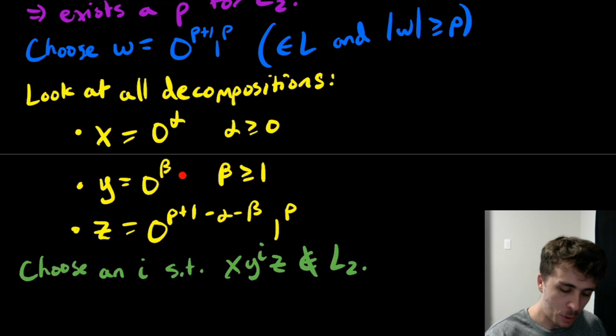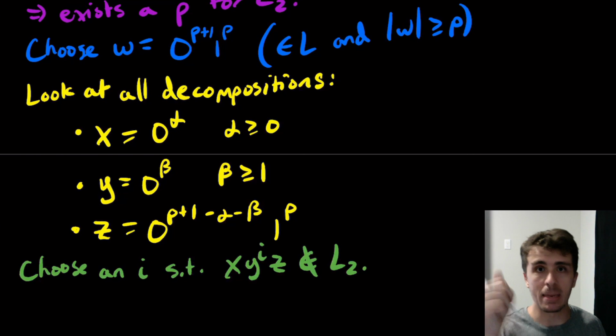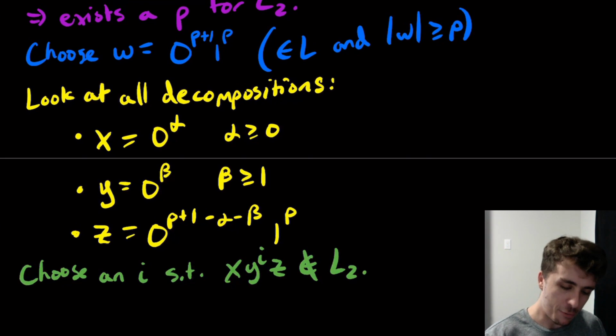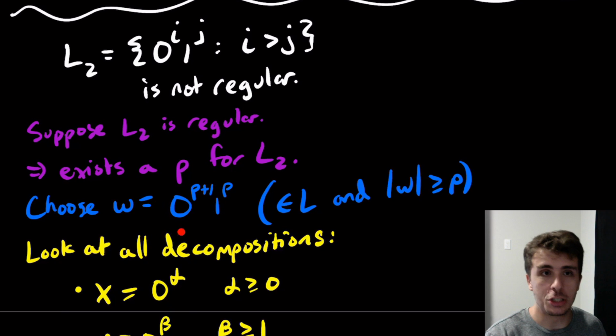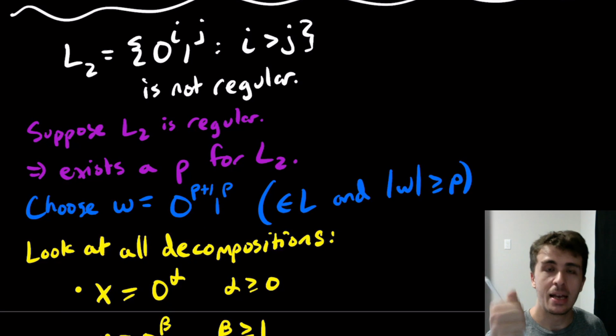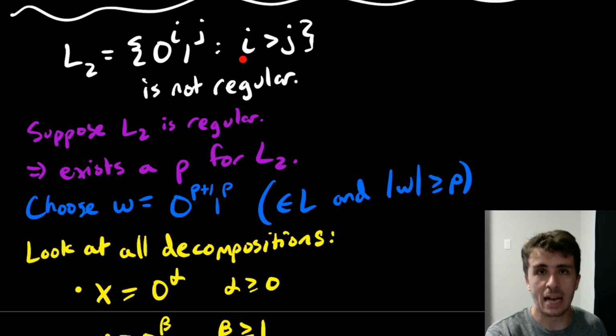Suppose I put 2 or more copies of y into the string, meaning that the number of zeros goes up, just like before. But for this language it's slightly different because I have P plus 1 zeros to start with. And if I put more zeros into the string, then this condition is never going to be violated. It's still always going to have more zeros than ones.